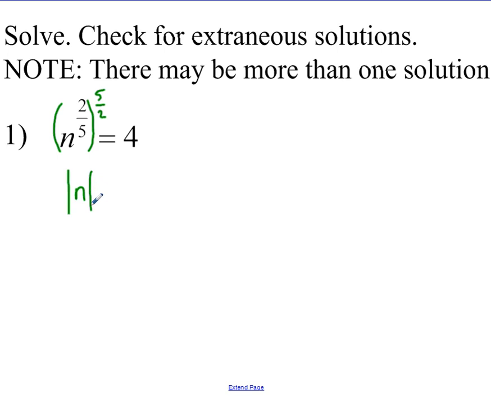So we've got the absolute value of n equals, and of course whatever we do to the left side, we have to do to the right side. So we have 4 raised to the 5/2 exponent. Let's make a little note to ourselves: raise both sides to the reciprocal exponent. That's how you solve an equation that has a rational exponent.